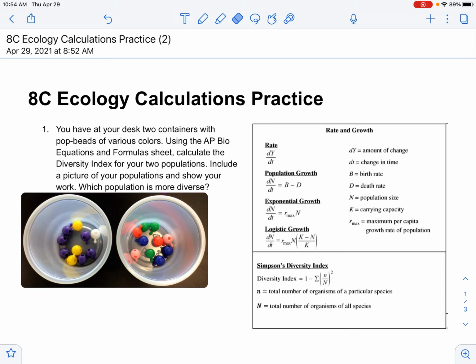The concept of diversity is a concept that we're used to in general use of the word, and in biology it's not too different. The biology definition of diversity, how many different species there are, would be one way to look at it.